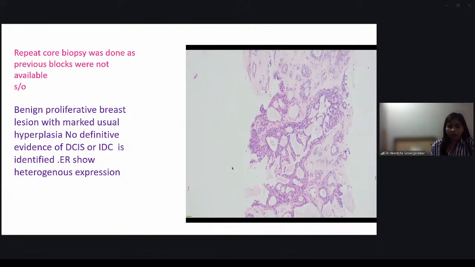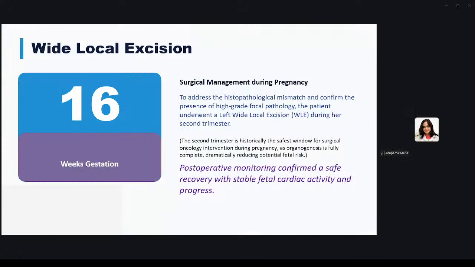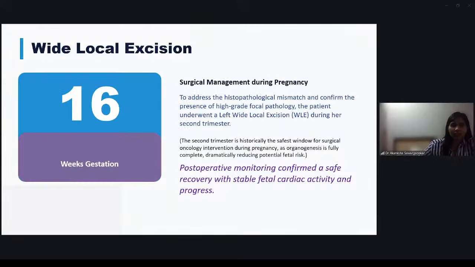Should I move on, ma'am? Yes, go ahead. Then, as there was no mismatch between the two histopathological reports, we did a left wide local excision during her second trimester. Post-operative monitoring confirmed a safe recovery with stable fetal cardiac activity and progress.